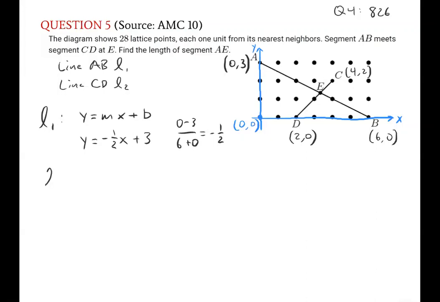Now, for line 2, we're going to use slope-intercept form again. We want to first find m, the slope, and that will be 2 minus 0 over 4 minus 2. Both the denominator and numerator are equal to 2, so our slope is 1.